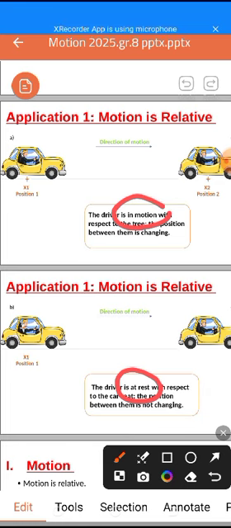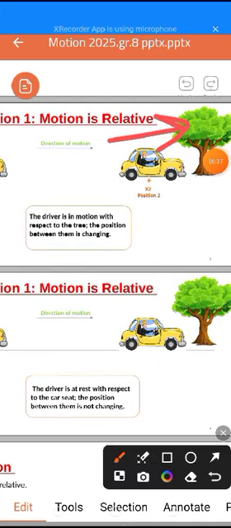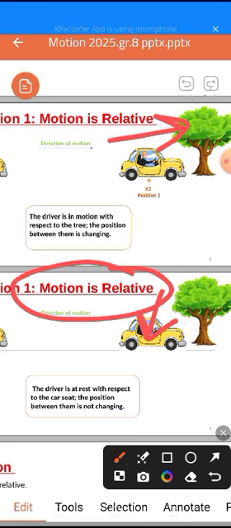When we chose the tree as a reference frame, the driver appeared to be in motion. When we chose his car seat as a reference frame, the driver appeared to be at rest. So, motion is relative. Motion is relative means that the same object can appear at rest and in motion at the same time, and this depends on the reference frame that we choose.